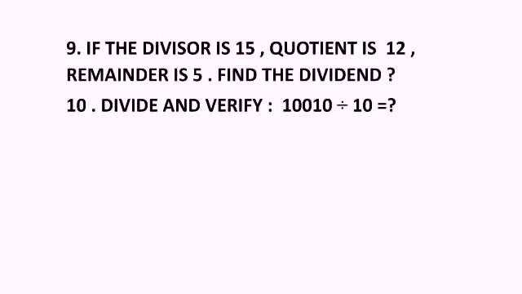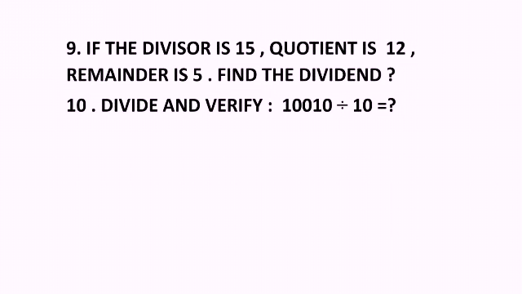Let us read our 9th question. What is in the 9th question? If the divisor is 15, quotient is 12, remainder is 5, find the dividend. First of all, these are the terms related to which operation? You know, these are the terms related to division.